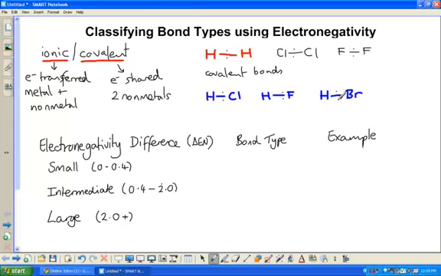So it might look something like this, for example. So for some reason the electrons in this bond are displaced further towards fluorine than they are for chlorine or bromine.